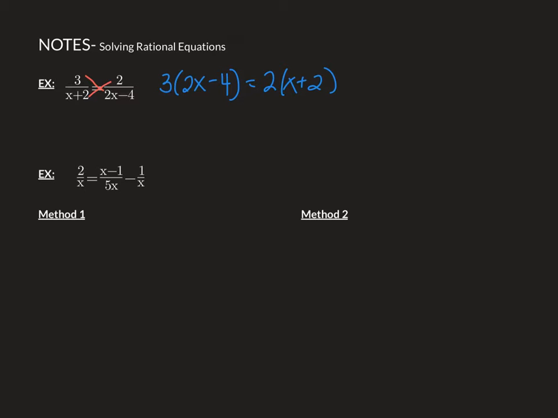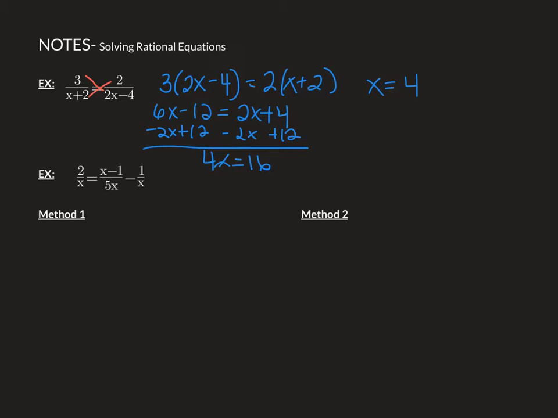So when I distribute, I will get 6x minus 12 equals 2x plus 4. And then I can solve: subtract 2x, and add 12 at the same time. So we get 4x equals 16, which means x equals 4.